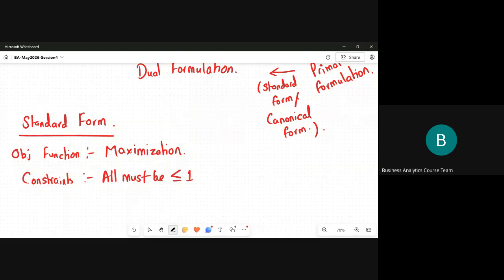So in any formulation, when the objective function is maximization and all constraints are less than or equal to, then it is known as the standard form.